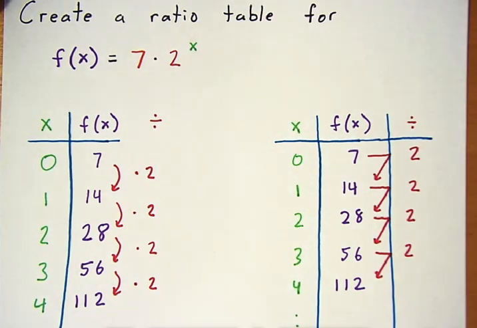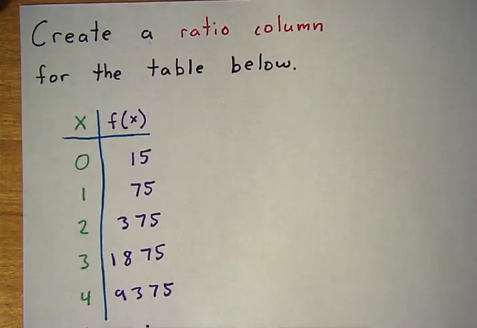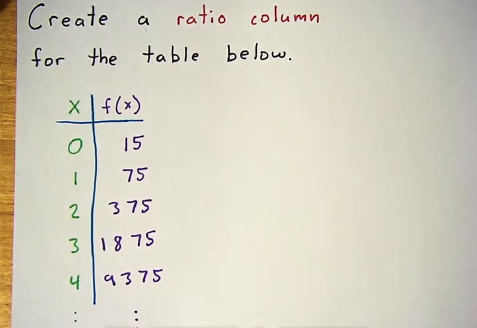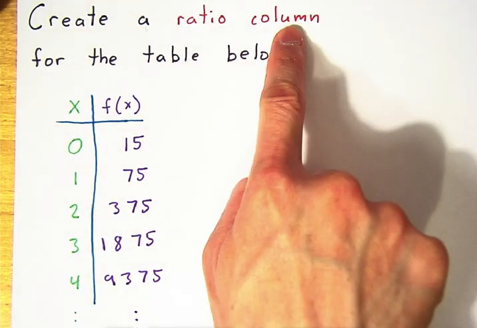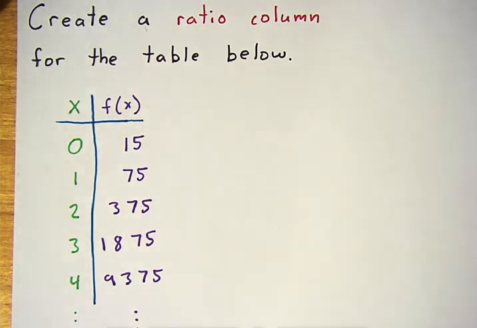Let's say that you already have a table and you're asked to create a ratio column for the table below. Okay.